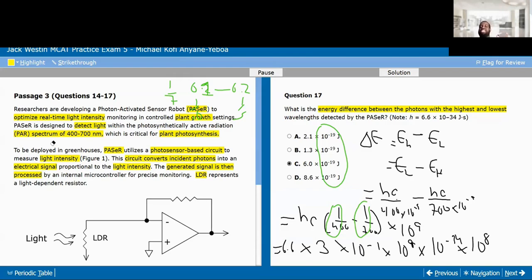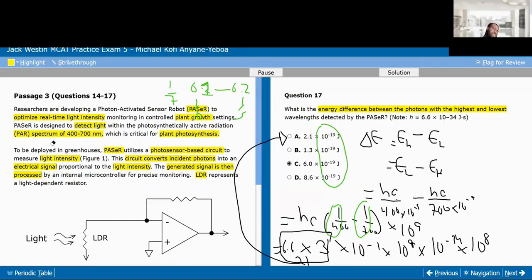I just need to identify the part of the answer options that is different, right? So for example, I have 6.6 times 3. If I round 6.6 up to 7, 7 times 3 is what? 21. So 6.6 times 3 is approximately 21, and that looks like a 2.1.